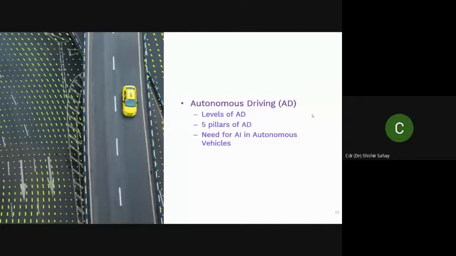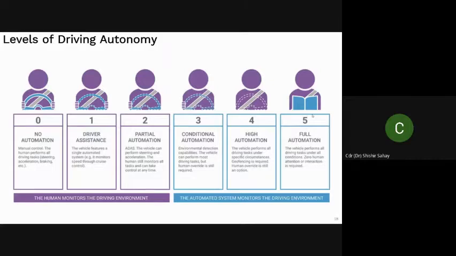I remember I mentioned to you right in the beginning that if 10 of the students sit together and they say, hey, we want to make an autonomous car, so what all should they consider, right? So that is covered under the 5 pillars of AD, and the need for AI in autonomous vehicles. So this one slide covers everything. Okay, let me go one by one.